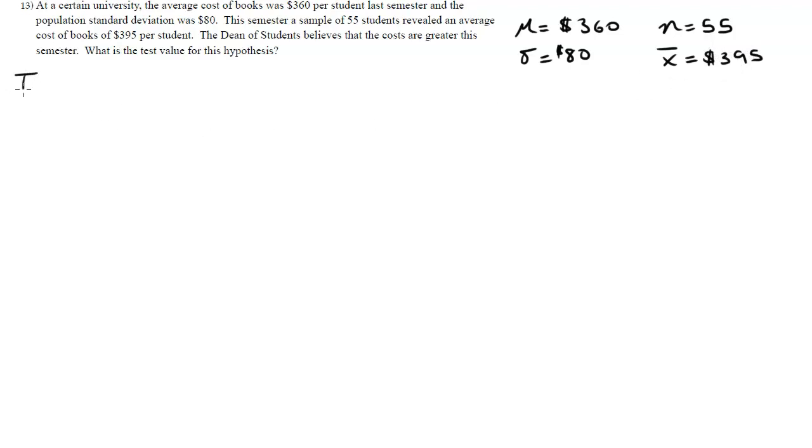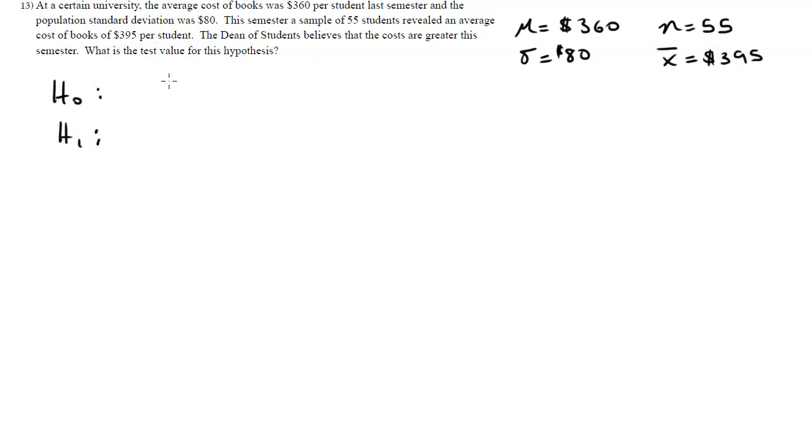Okay, so let's do traditional method. Well, we can't because we're not told the alpha level. So we can't go all the way with this one. We're not told what the alpha level is. We can do the null and alternative, though.